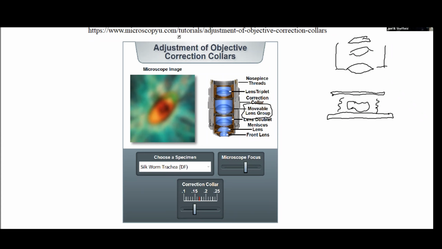And those refractive index changes are causing the light to bend in different ways. So once again, you would have an adjustable lens here that compensates not only for the cover slip, but also for the material in which the sample is embedded.